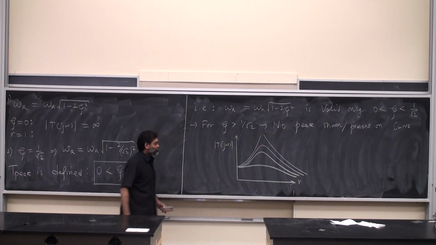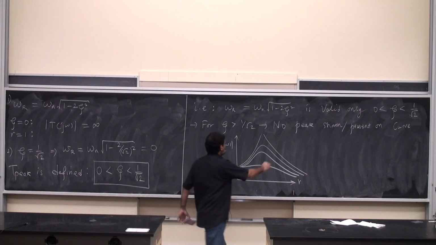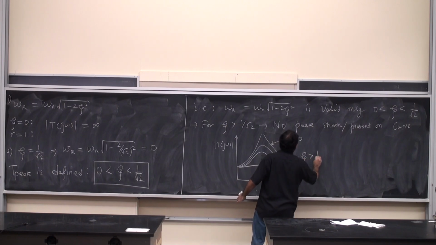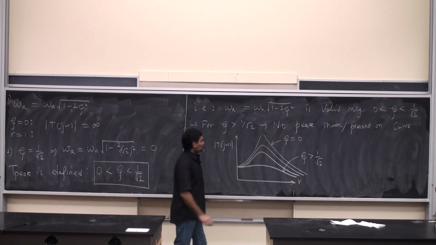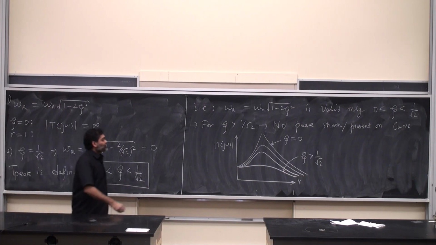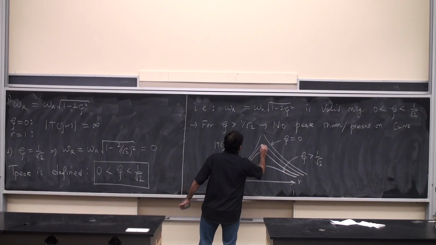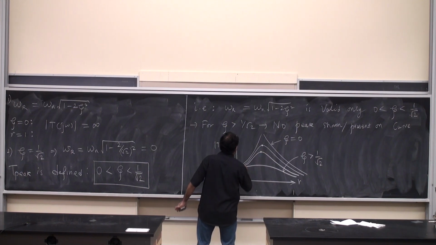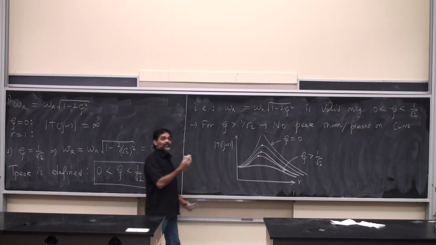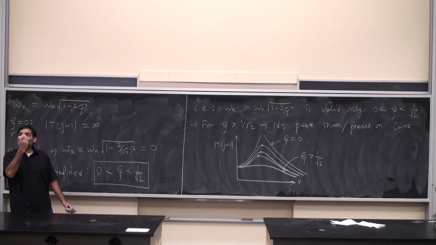Okay, the first one is zeta is equal to 0. Last one, zeta greater than 1 by root 2. And you can also find out that the peak point of the curve keeps shifting to the left.